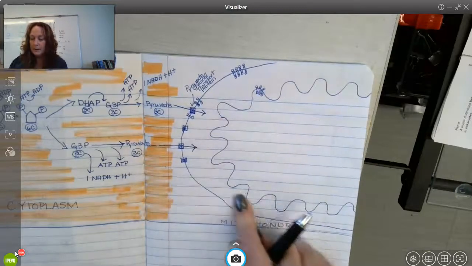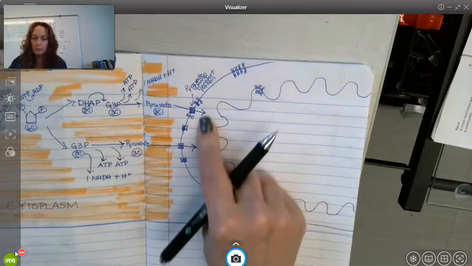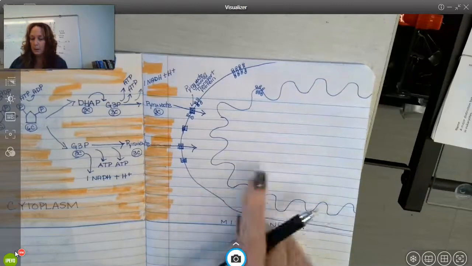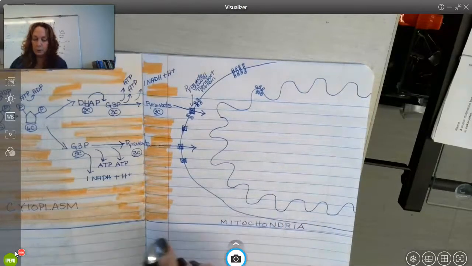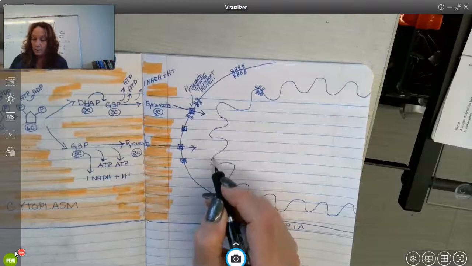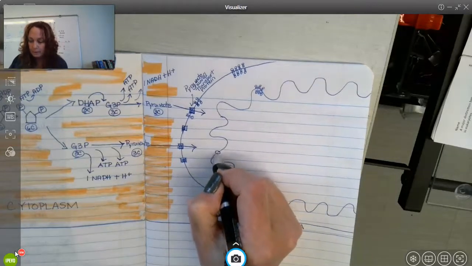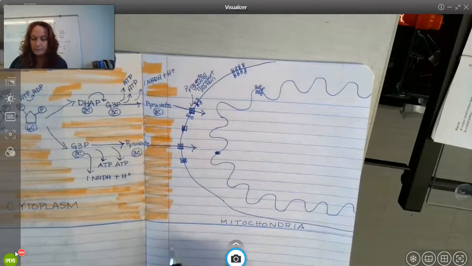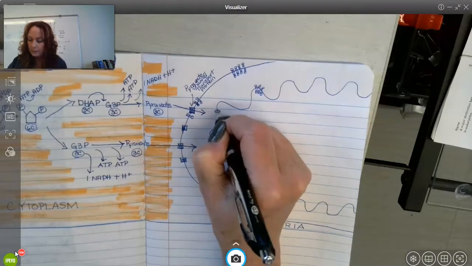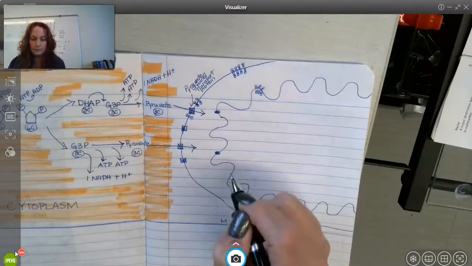It's in this in-between inter-membrane space. So I'll write all this in just a second, and I'm going to color and all that. But there will be another transport protein in this inner membrane. There's going to be whole bunches of them.